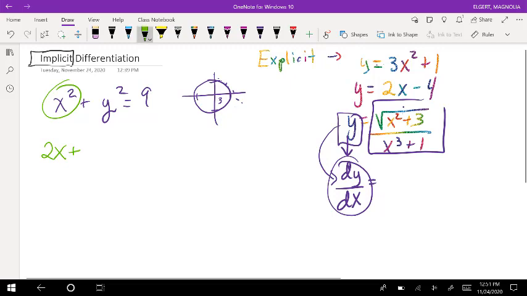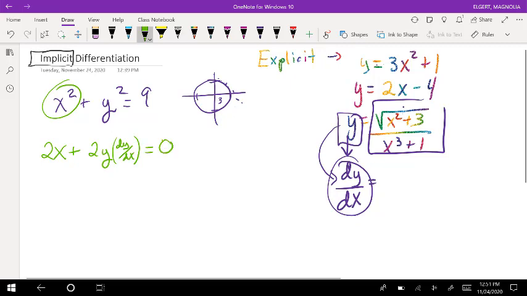So now we have this y squared. So the derivative of y squared would be 2y, like you would think. And we're going to use the chain rule. It's 2y times the derivative of y. The derivative of y is dy dx. And then the derivative of 9 is 0.